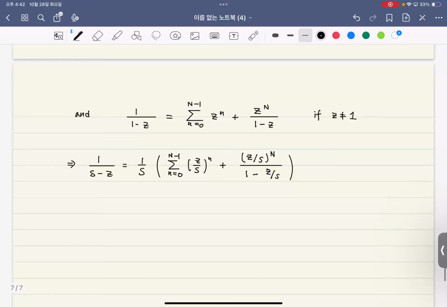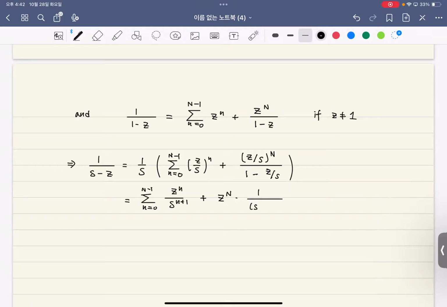So this is the summation from 0 to n minus 1 of z^n over s^(n+1), and plus, I'm gonna put z^n in front of this ugly fraction.